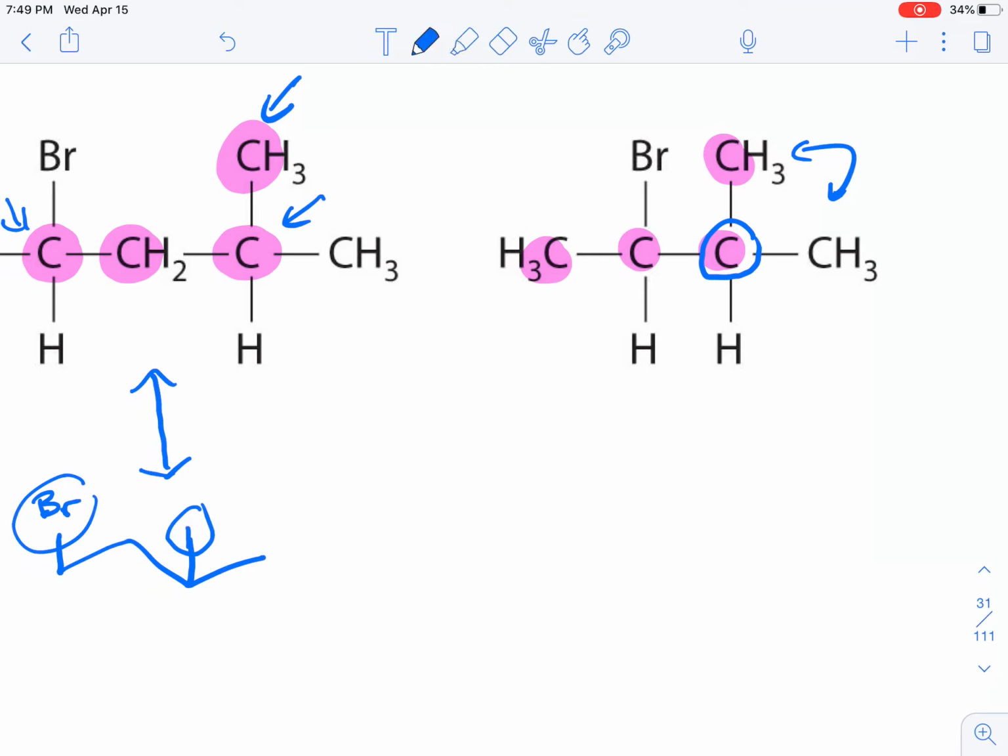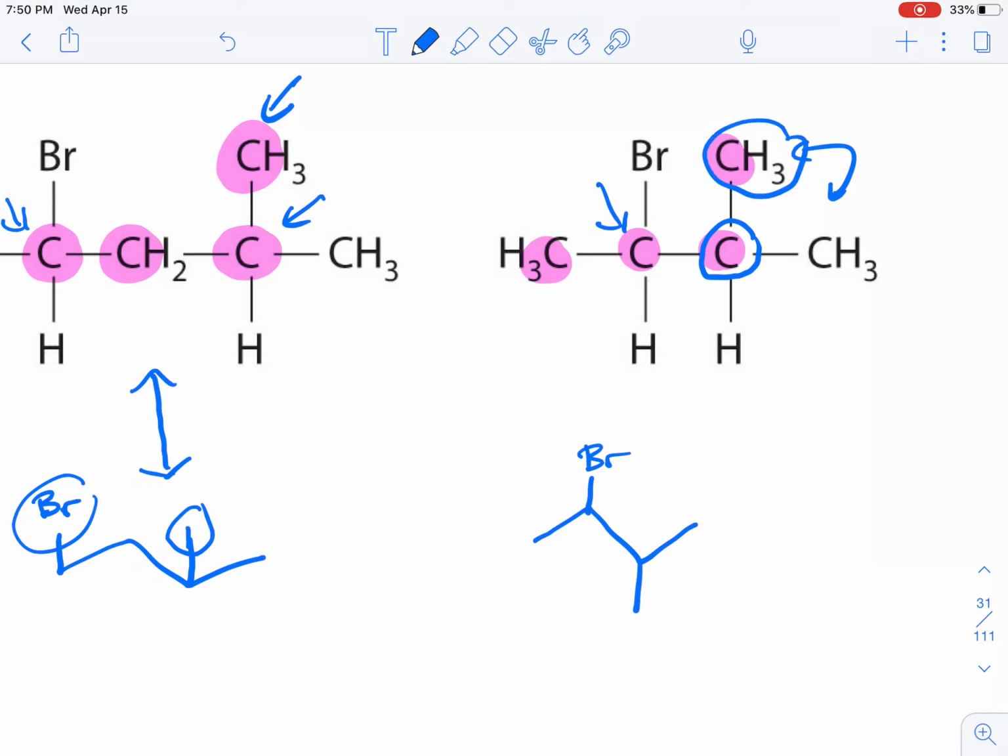And so since we have a 4-carbon chain, we're going to put 1, 2, 3, 4. And this time, the 2nd carbon, starting from the left, is going to have that bromine, and the next carbon to it is going to have that methyl group, the CH3.